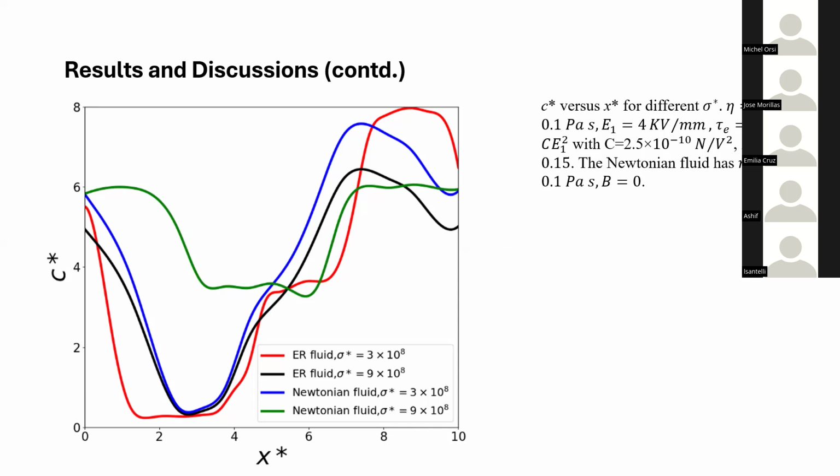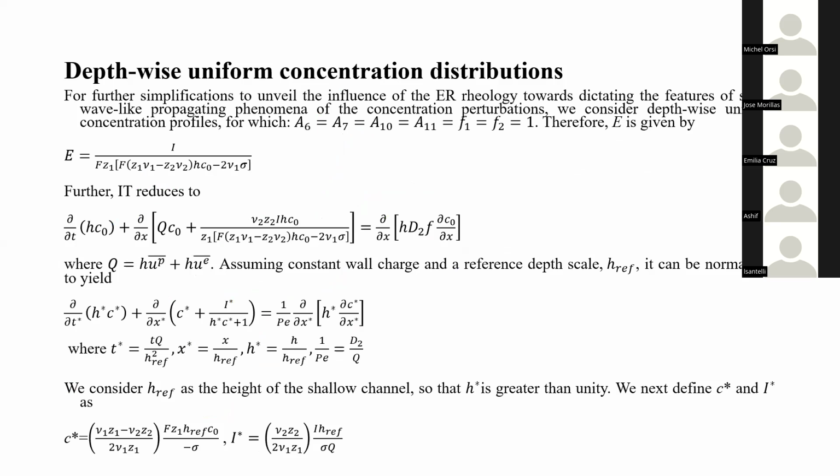Propagating shocks move towards the anode or cathode depending on the value of I star and the concentration in the depletion and enrichment zones. So for further simplification, to unveil the importance of rheology in dictating the features of the shockwave-like propagating phenomenon, we put A6, A7, A10, A11, F1, F2 equal to 1.